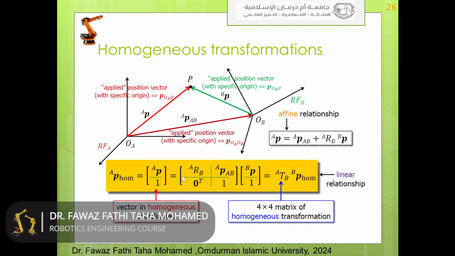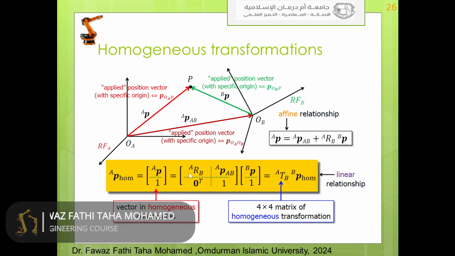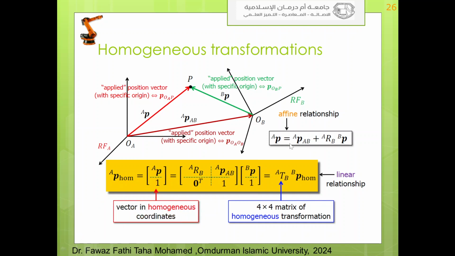We have to multiply firstly this row with this column, which will provide this value. 0 transpose is a vector 3 by 1; if we multiply this by b, it equals 0. Then 1 multiplied by 1 equals 1. So here we have obtained the 1.